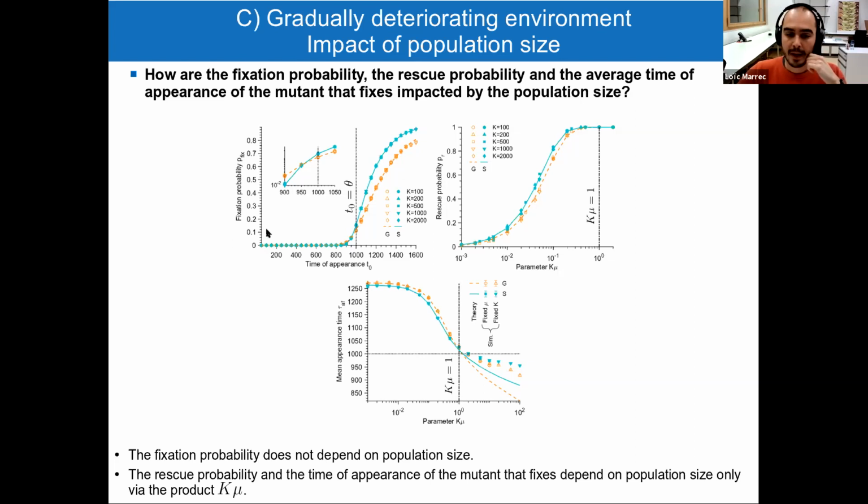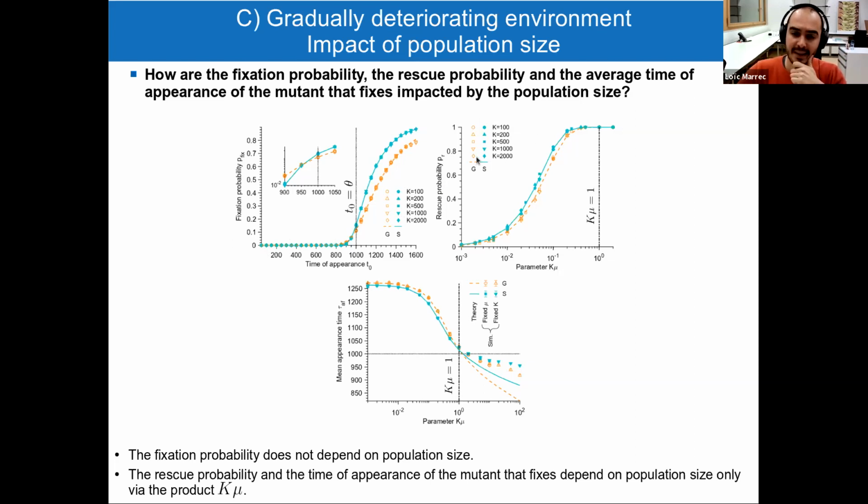So here I have some data points for different carrying capacity values, so different population sizes. And as you can see, I get exactly the same results for every carrying capacity.